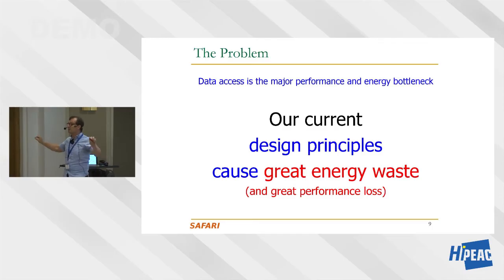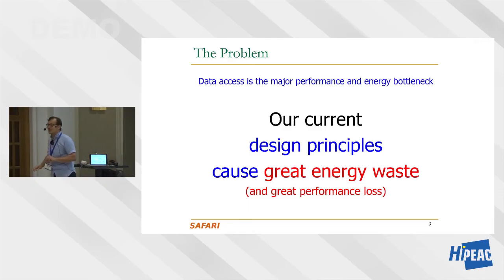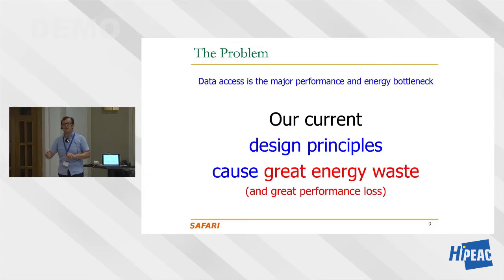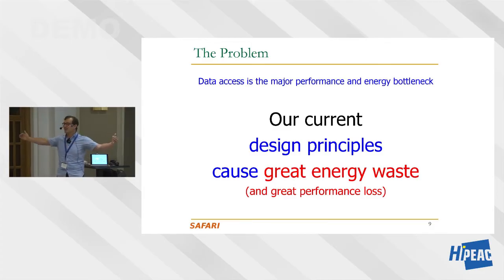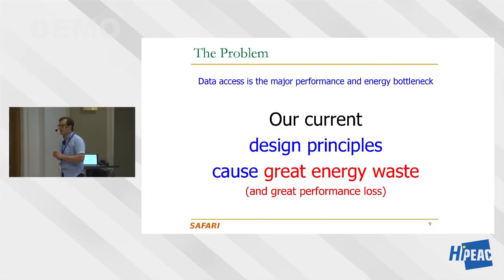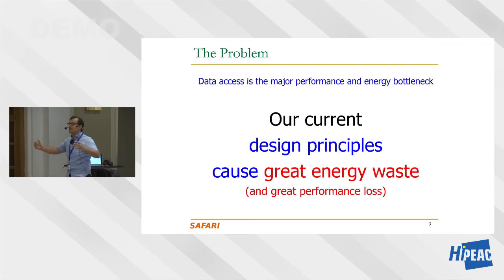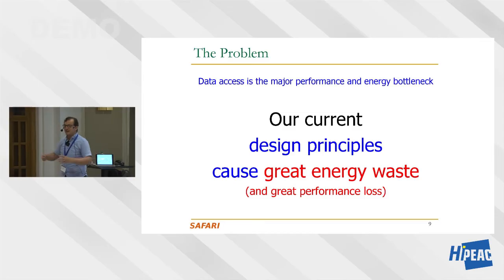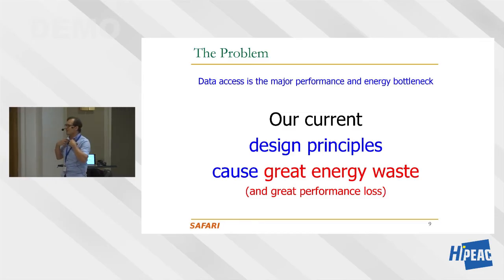This also causes a lot of performance loss, because there's a huge latency associated with it. We try to overcome that performance loss by complicating our systems. What do we do? We add huge cache hierarchies, as we discussed yesterday. What else do we do? We add a lot of multi-threading. We add a lot of prefetchers. My PhD thesis was an example of one of those prefetchers.